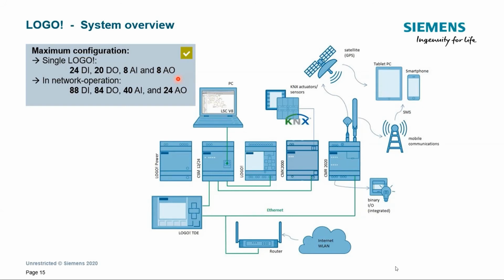If you have a project with more IOs, you can network different LOGO modules, what we call a network operation, and you can reach up to 88 digital inputs, 84 digital outputs, 40 analog inputs, and 24 analog outputs. So this is the limit for a single LOGO or a combination of networked LOGOs. You cannot go beyond that.